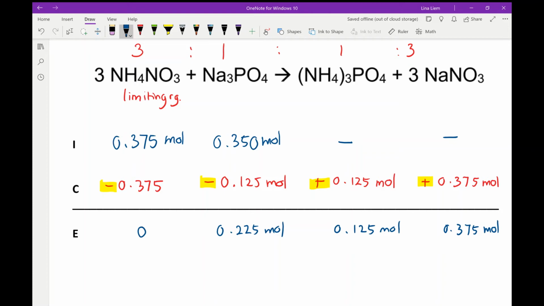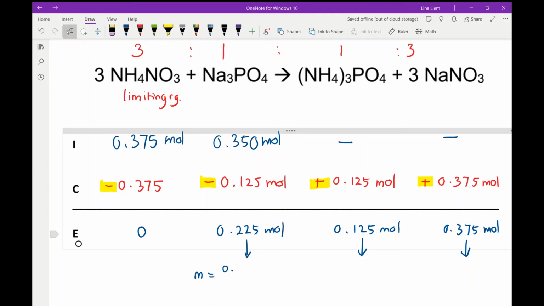And if you are asked to find the mass of the products or the remaining reagent, then you just have to convert the mole to mass. So mass equals mole times molar mass.